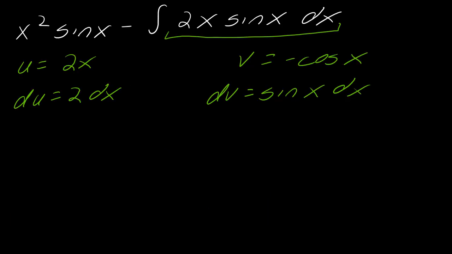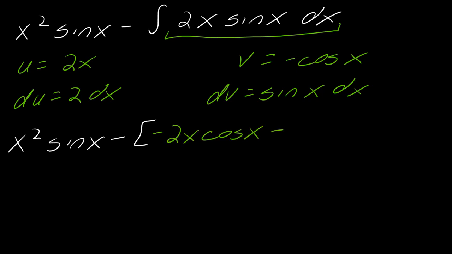Don't forget the first part of the problem: x squared sine x minus, and I'm going to put parentheses around this so I don't forget to distribute the negative. Once again, uv, so that's negative 2x cosine x, minus v du. This will be minus negative, so this will actually turn into plus 2 cosine x dx. That's my v du, and that flipped the sign here.